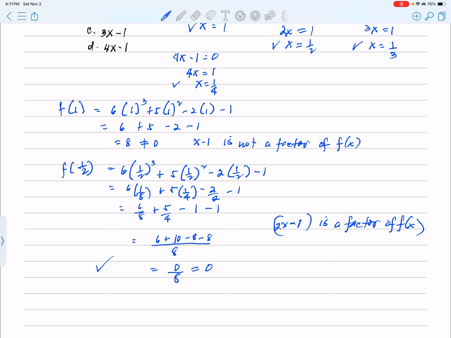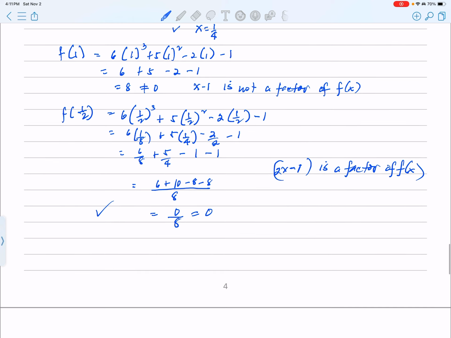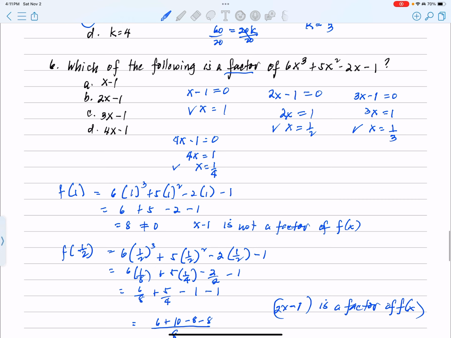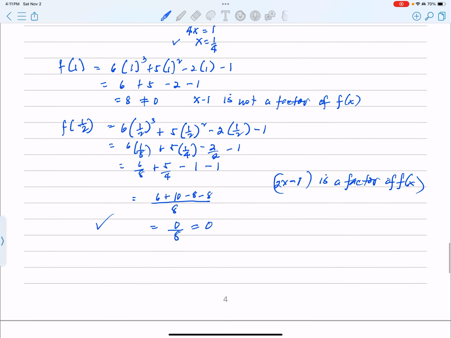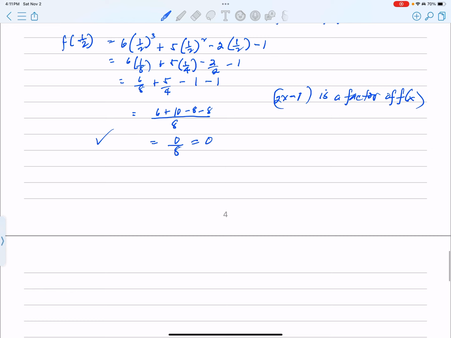So our answer is already this. If you want to know, let's try 1/3 to find out. If f of 1/3, so 6 times 1/3 cubed plus 5 times 1/3 squared minus 2 times 1/3 minus 1.